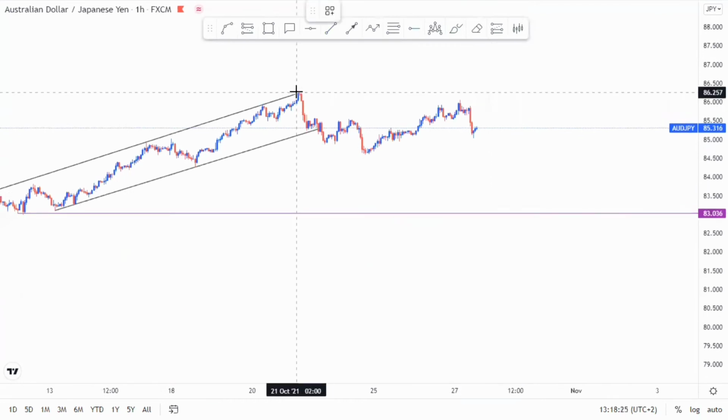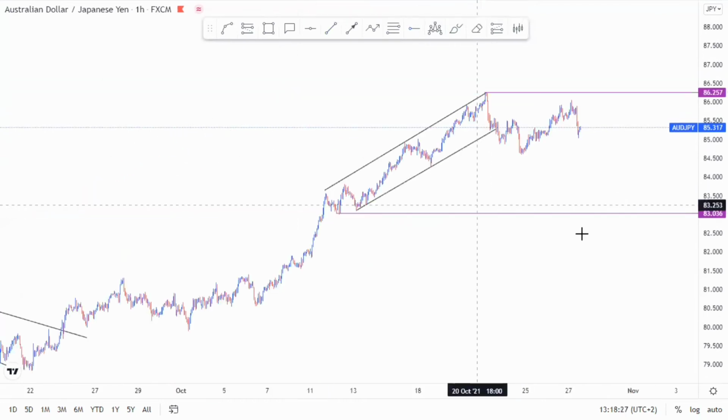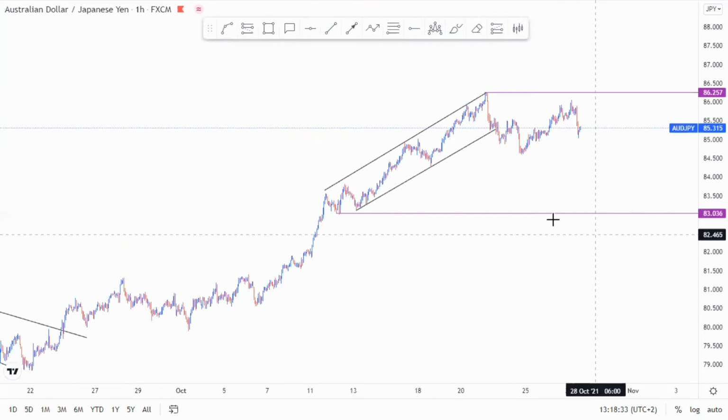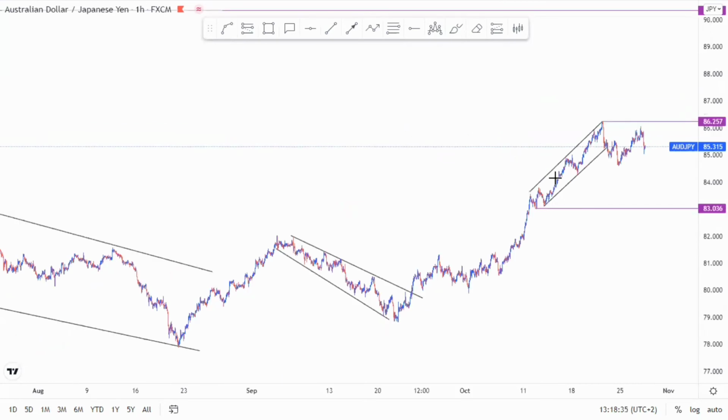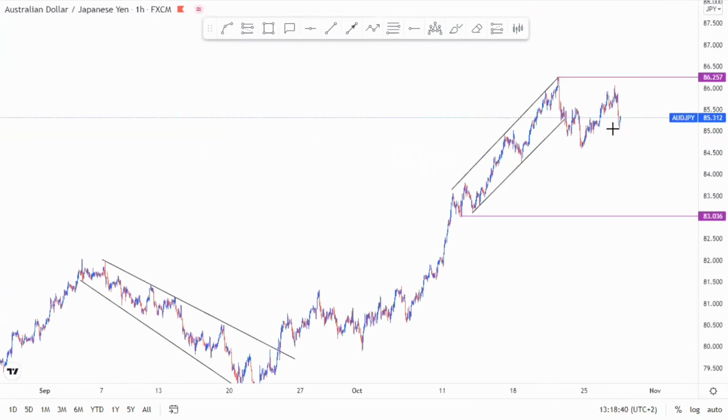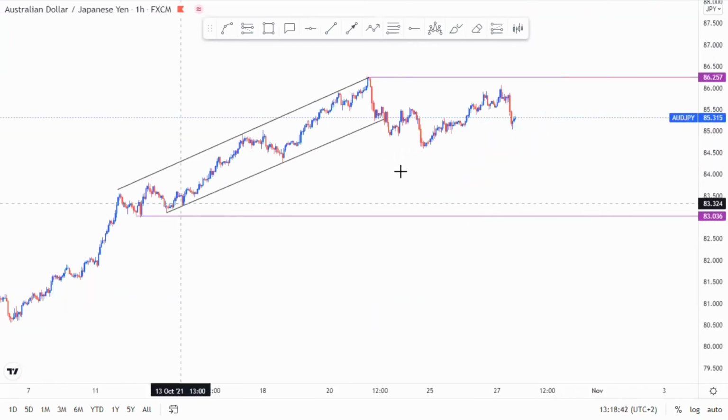So price should be going to the downside, at least to those areas here. There's a rail line at 83.036 for a retest. It can go lower, but that's the least. It has to at least come here. I expect it to go there.